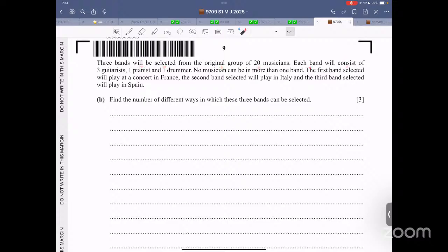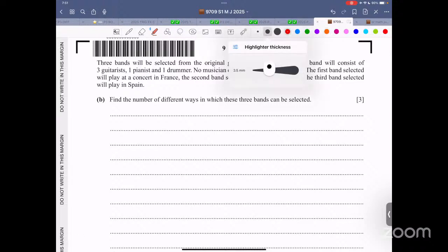Each band will consist of 3 guitarists, 1 pianist, 1 drummer. So let me write over here, that is 3 guitarists and 1 pianist and 1 drummer. So these are the 3 categories that you need. Actually, 5 people, but 3-1-1, so 3 categories. No musician can be playing in more than one band.